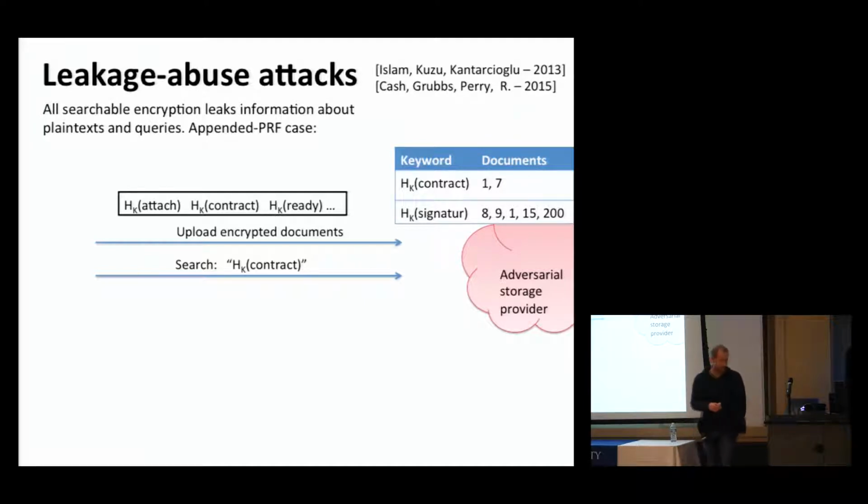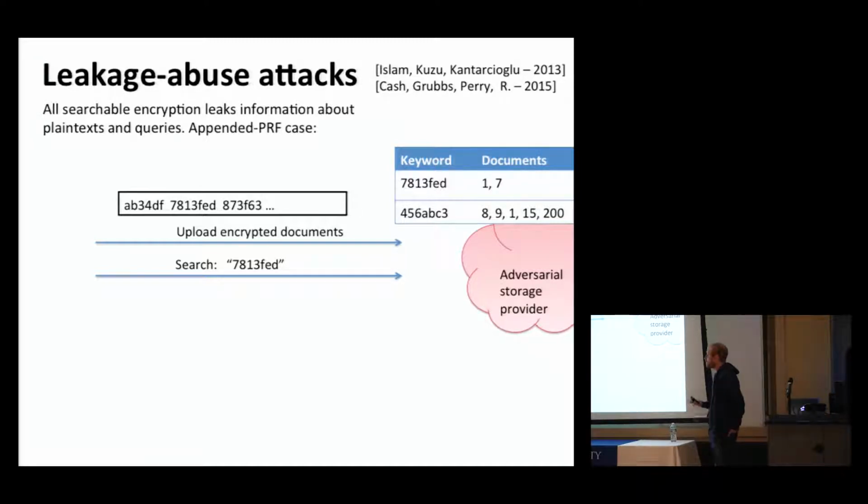So in the simplest case, which is this Appended-PRF case, which I have here, we can see that there's all sorts of types of things that are leaked to the adversary. Of course, from their view, these are all just random values. They can't see inside of these PRFs.